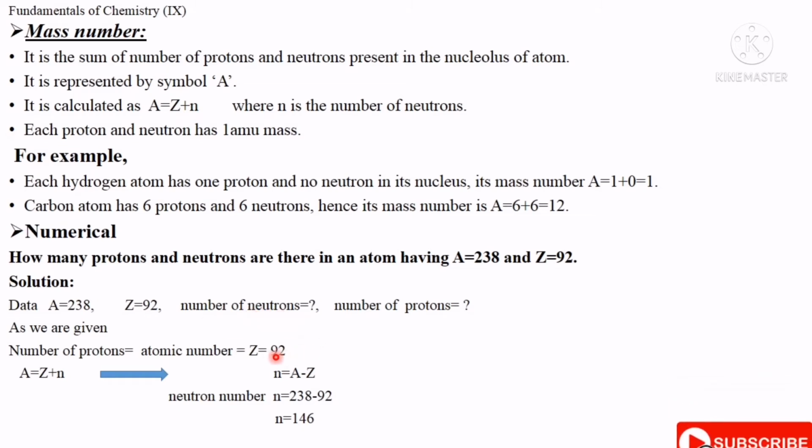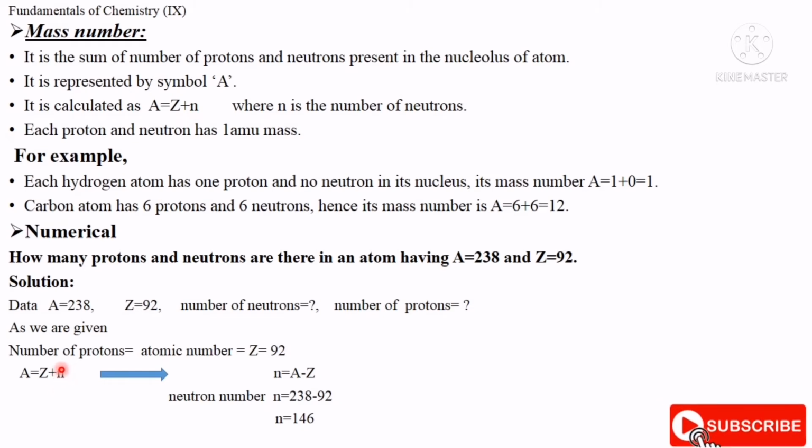So as we know that the equation is A equal to Z plus N, where A, that is mass number, is given here, and Z, that is atomic number or proton number, is also given here, equal to 92. So we have to find the neutron number.